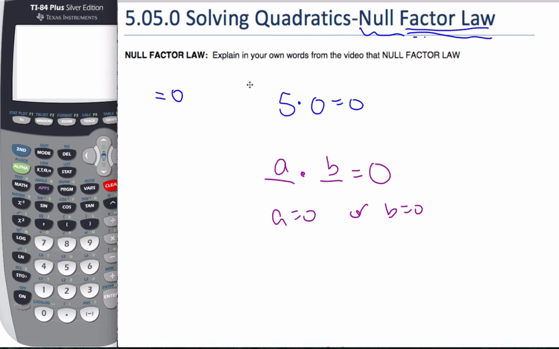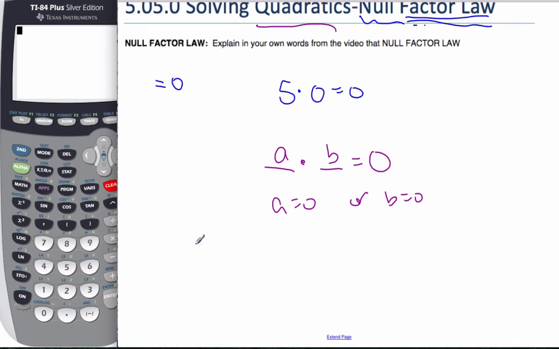And so the way this comes across in quadratics is we often have a scenario where we have x plus 2 and let's say x minus 5 equal to 0. And so when I look at this, I see this as a number and this as a second number. It's multiplied.